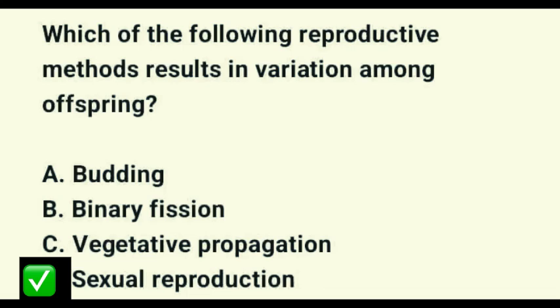It also produces identical offspring known as clones. Option C, vegetative propagation, is wrong because plants reproduce from parts like stems, roots, or leaves. Offspring are genetically identical to the parents. Hence, only sexual reproduction guarantees genetic variation.